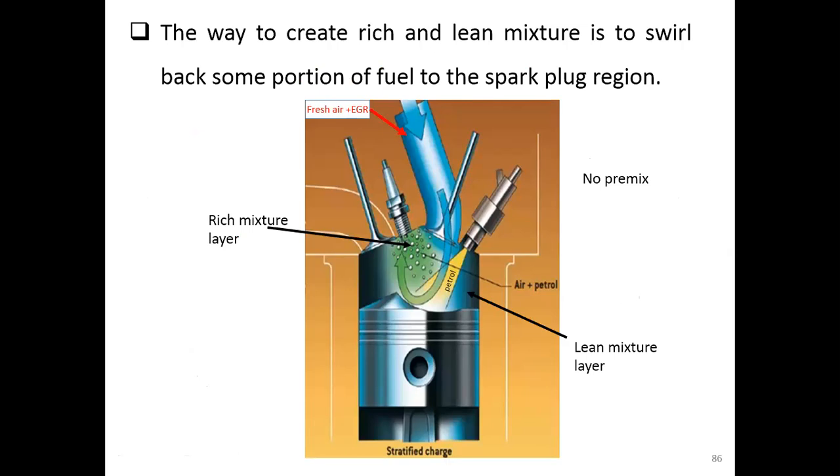The way to create the lean and rich mixture is by what? In order to get the lean and rich mixtures, we will do it through the swirl back flow, or the flow of the fuel that swirls back.